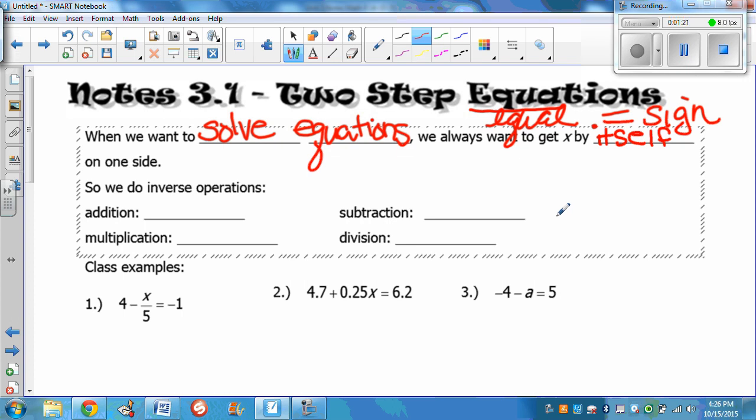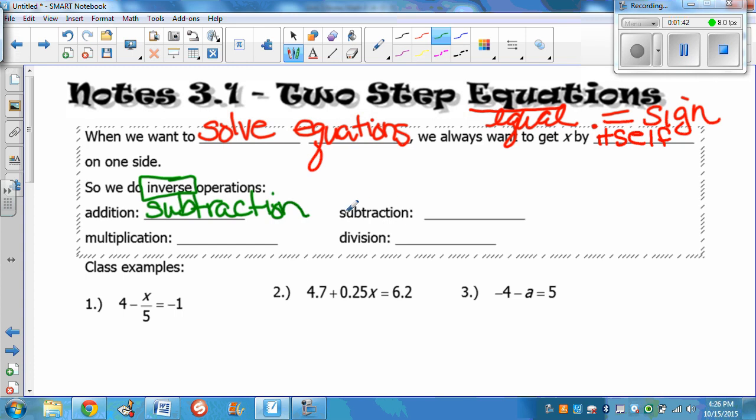Well, in order to get x alone and all by itself on one side of the equal sign, we need to think about our inverse operations. So what does it mean to be an inverse operation? The inverse of addition, to undo addition, we have to do subtraction.